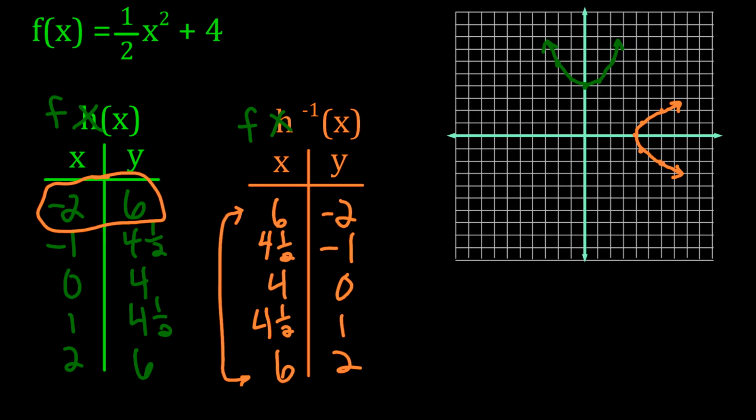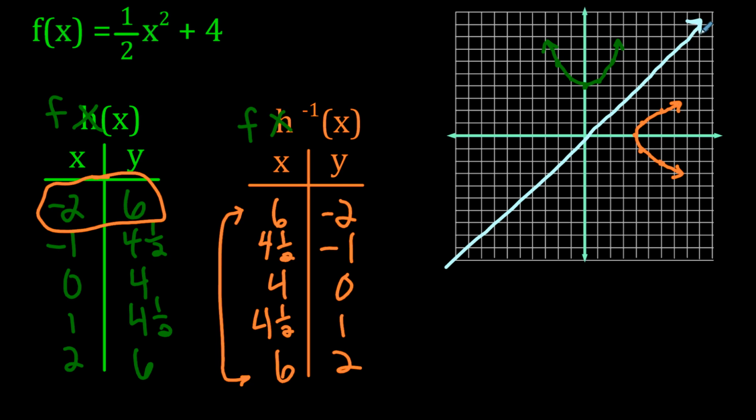And if we look at the previous graph, it's the same thing. If I go back to that and draw that diagonal line y equals x, this graph is a reflection over that line as well. So when you have a function and its inverse, when you graph those, they are always, always, always reflected over that line y equals x, no matter what.